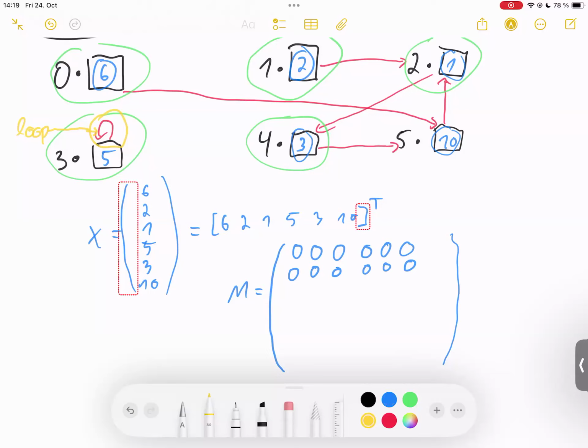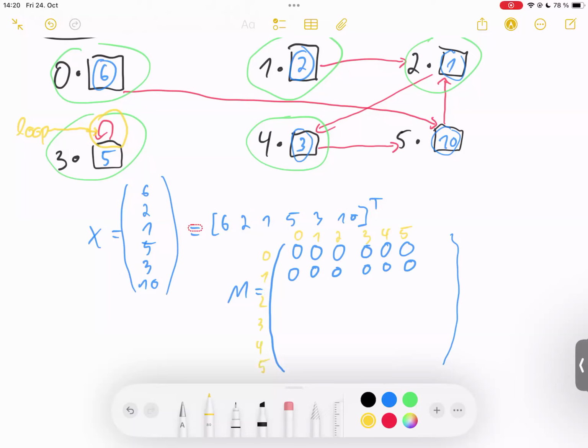So we could say this column here refers to position 0, this refers to position 1, this refers to position 2, 3, 4, 5. And for these rows, we could also add comments that this row refers to the position 0, position 1, 2, 3, 4, and 5.